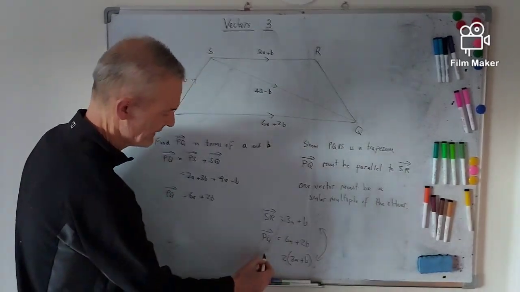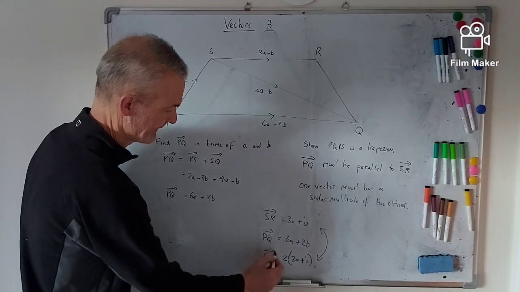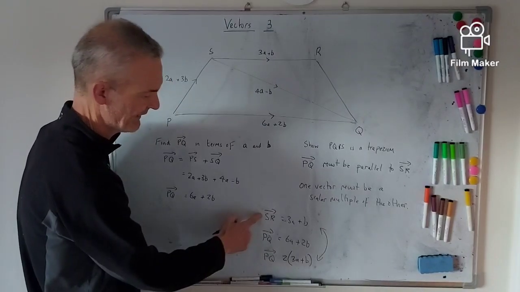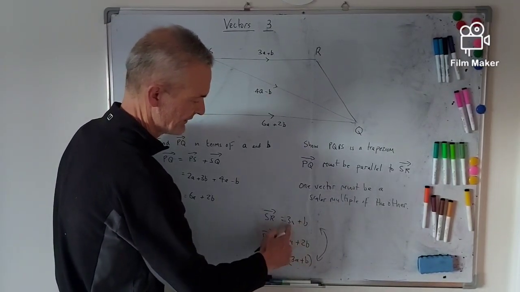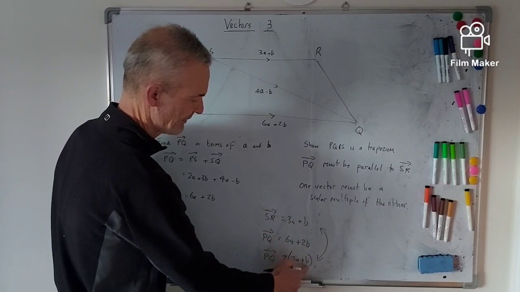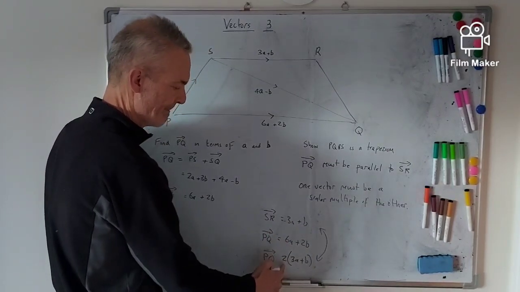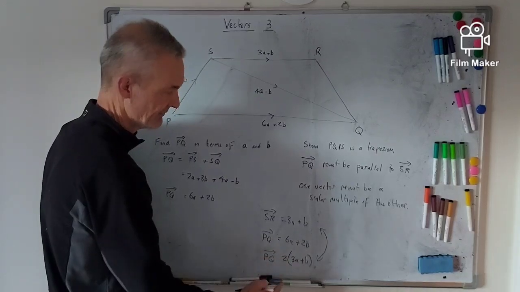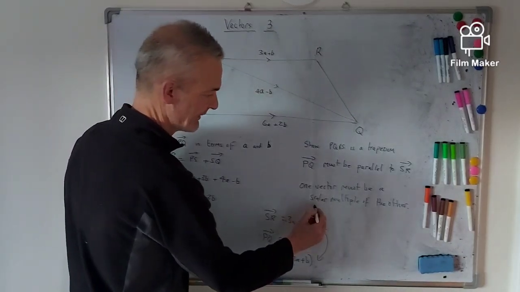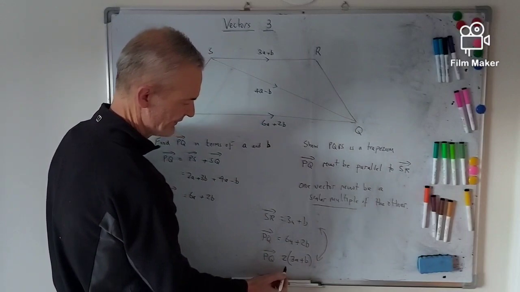If you compare PQ with SR, they've basically got the same vector, 3a plus b, but this one's just been multiplied twice. So when we talk about a scalar multiple, we're referring to this.